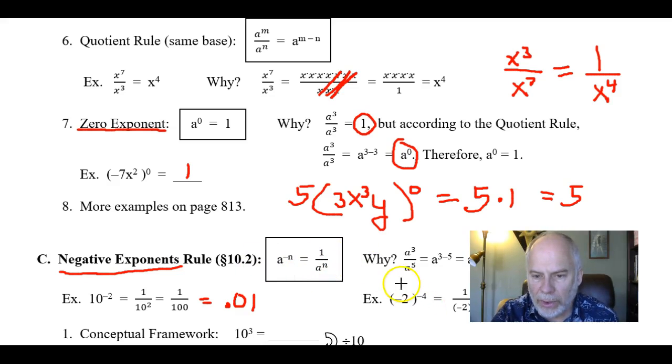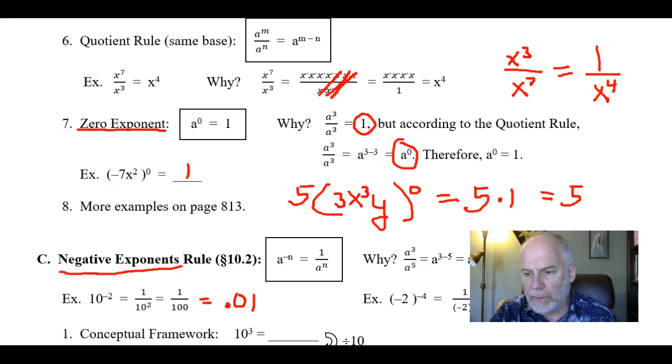Now, the reason the rule works can be seen if you look at this example. If you have a to the third over a to the fifth, according to the quotient rule, the one at the top of the page that we just talked about, you can subtract exponents. So 3 minus 5 gives you a to the negative 2. However, let's say you do it a different way. You have a to the third over a to the fifth, and you write it out. So a times a times a, and on the bottom you have 5 a's.